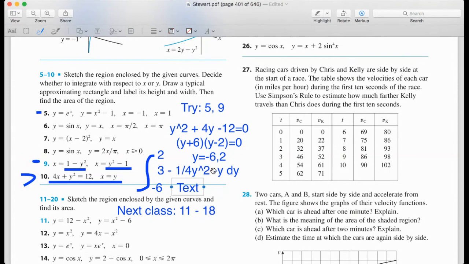So just integrate this integrand. So 3 gives us 3y, then y squared becomes a y cubed term, so we get minus 1/12 y cubed minus y squared divided by 2. Then we evaluate at 2, we evaluate at -6, and we subtract them. All right.